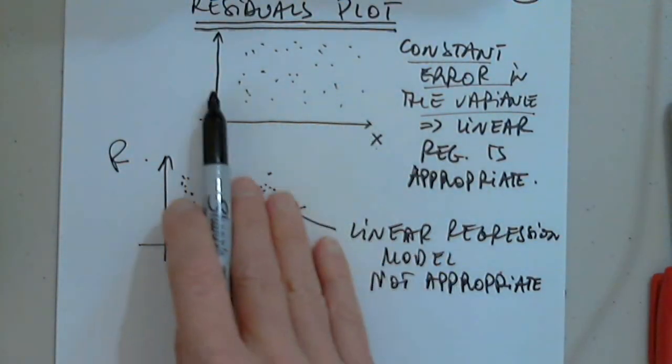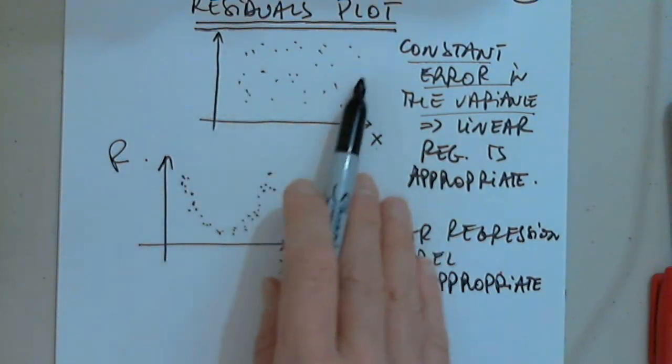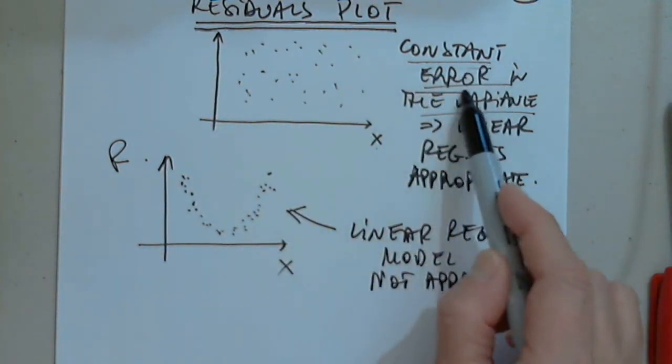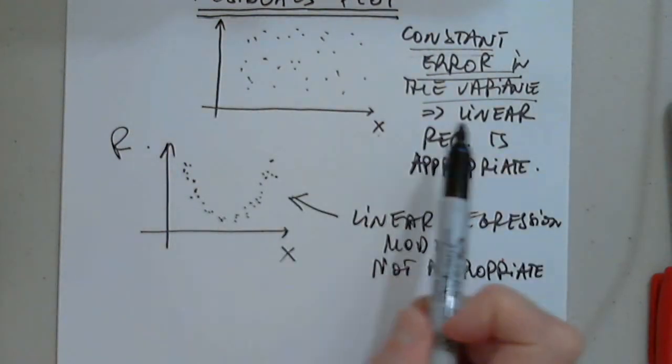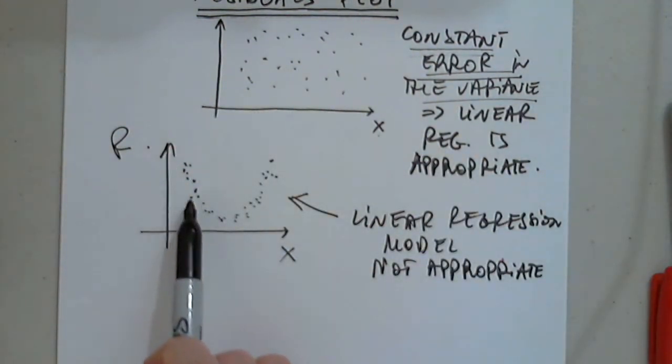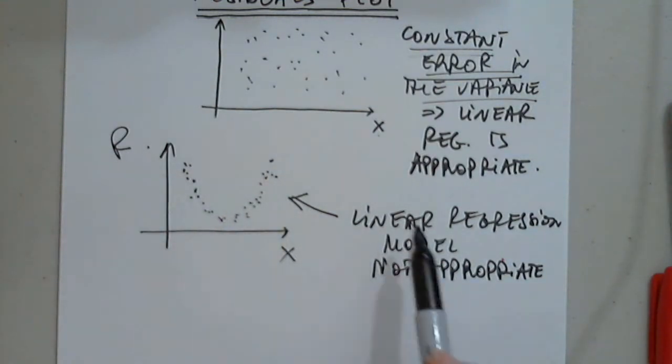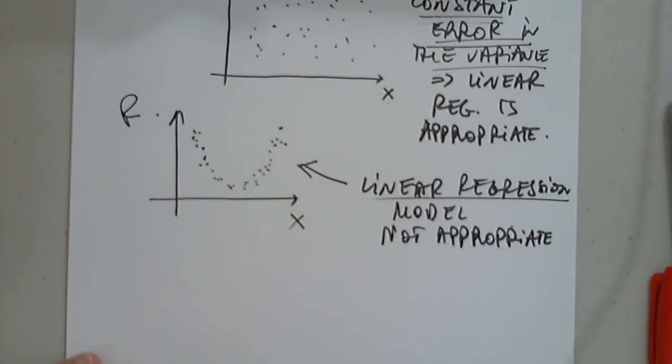We don't want any pattern in the residuals. If there is no pattern, it means that the constant error condition is fulfilled, and then the linear model is appropriate. But if I see any pattern in the residuals, I'll say, oops, this is not a good model for the data that I have. It may be good for something else, but not for this.